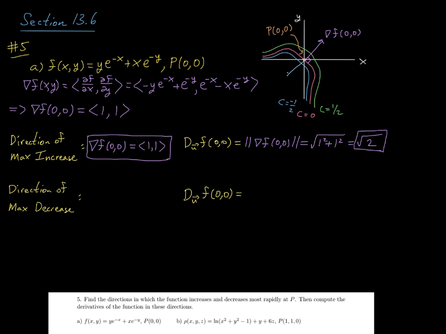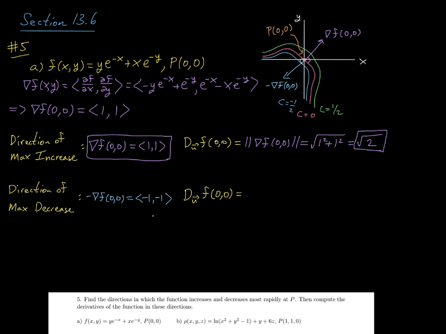In other words, I'm going to head in a direction orthogonal to my level curve through P and head directly towards blue. So this would just be the opposite of the gradient vector. We're going to head in the direction opposite the gradient at (0, 0), and that would be the vector (-1, -1).